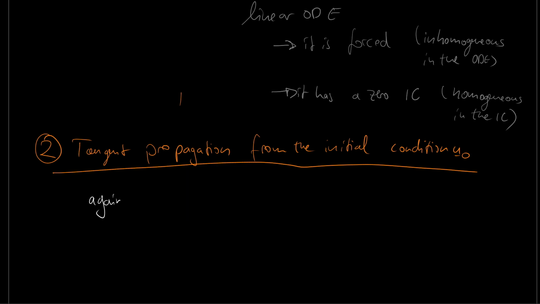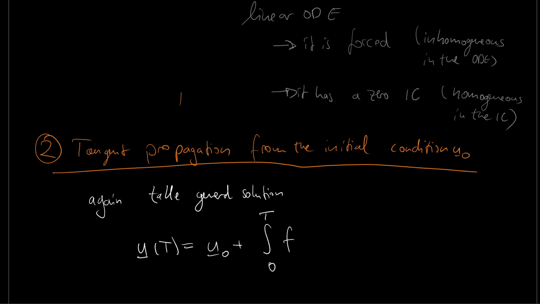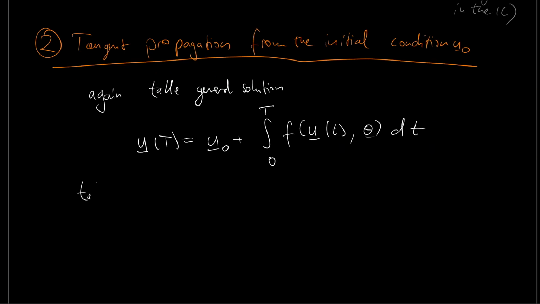Okay, let us start again with the general solution. So we will again take the general solution, and that one was u at capital T is u0 plus the integral from 0 to capital T over our right-hand side, which was f of u of t and theta, and then integrated dt. Then we will take the total derivative of that expression with respect to the initial condition.